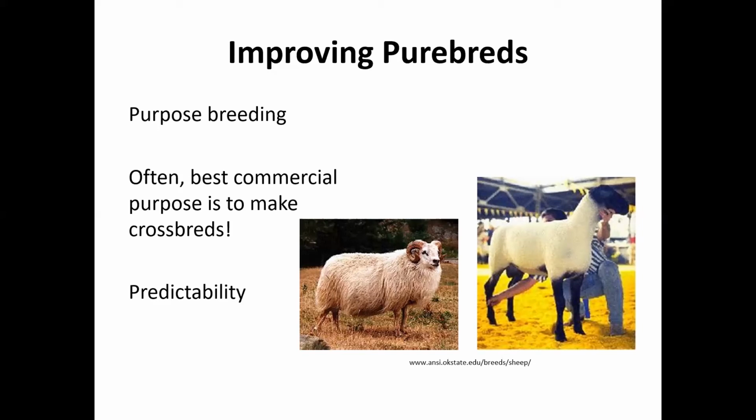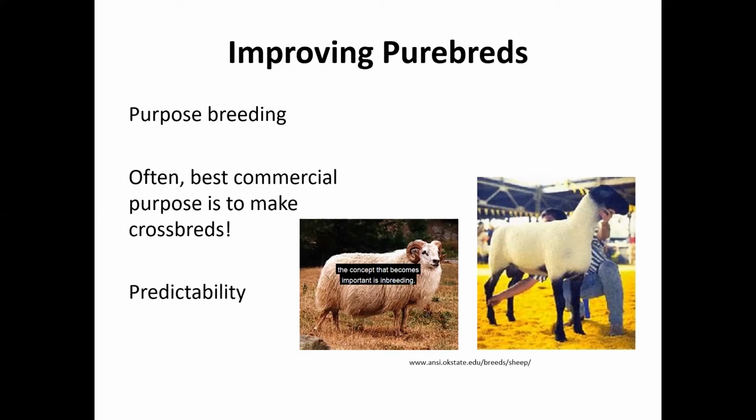And so when we're making crossbreds and they're contributing to a product, one of the most important things within a purebred is predictability, that they can predictably sire offspring that have the traits that we wish to add from that breed in the system.